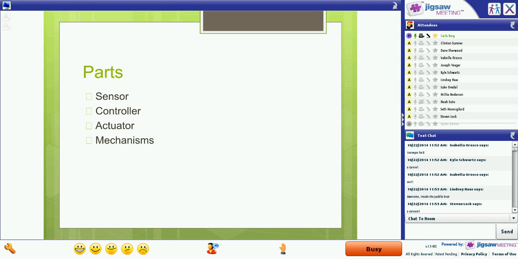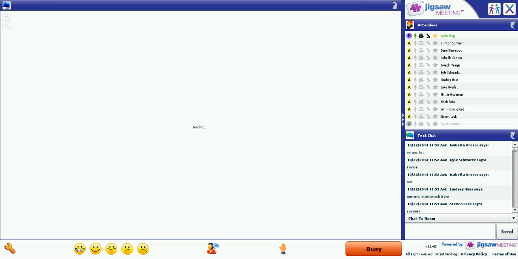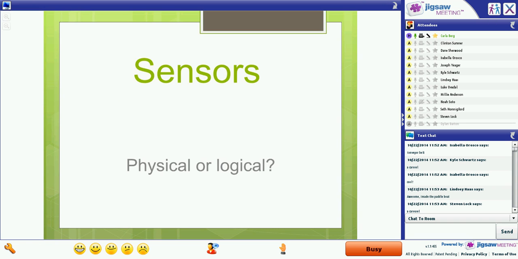We have sensors, controllers, actuators, and mechanisms. There are two types of sensors, physical or logical. Anyone want to guess the difference between physical and logical sensors?